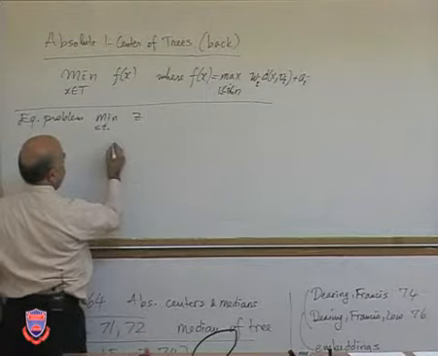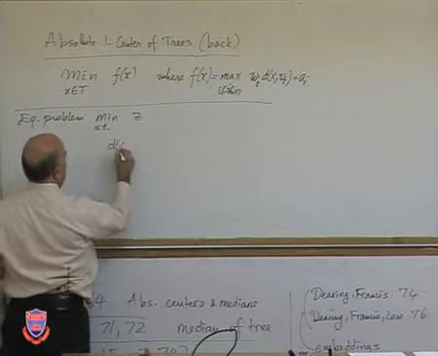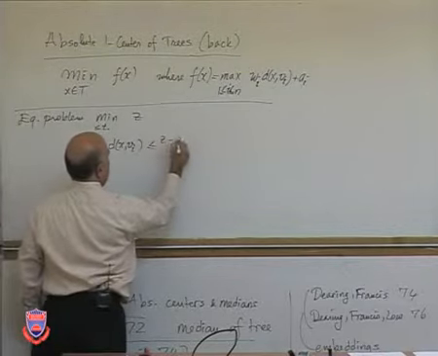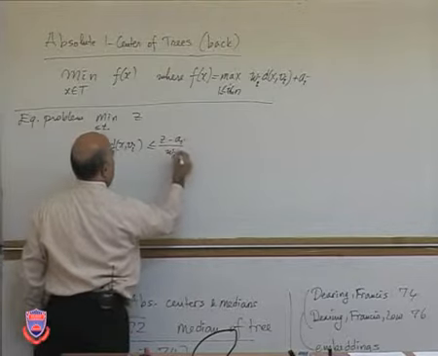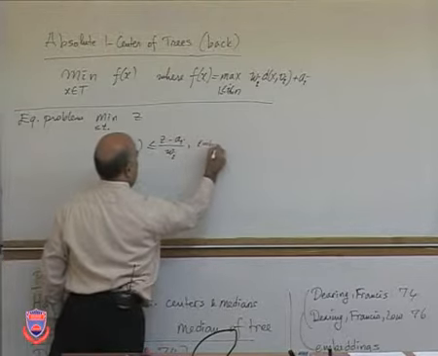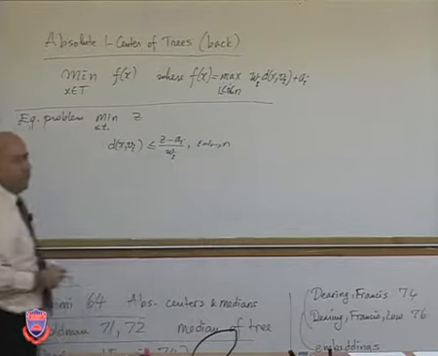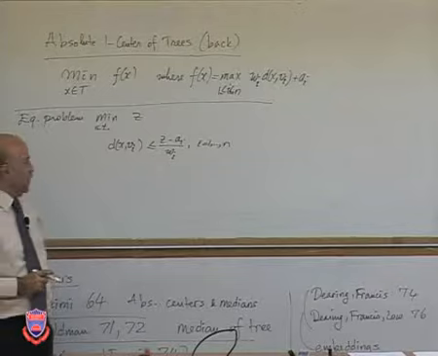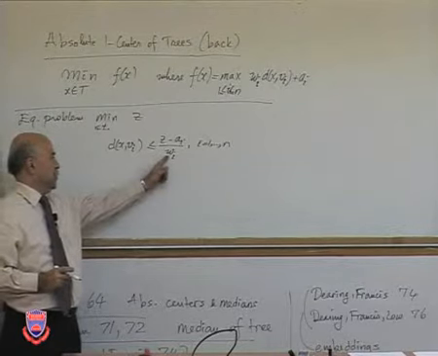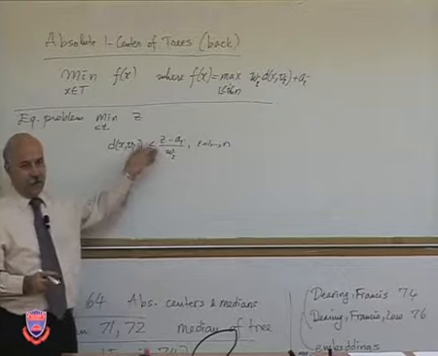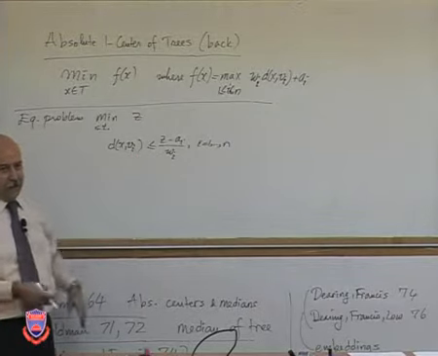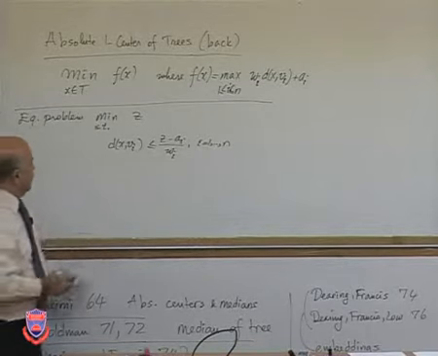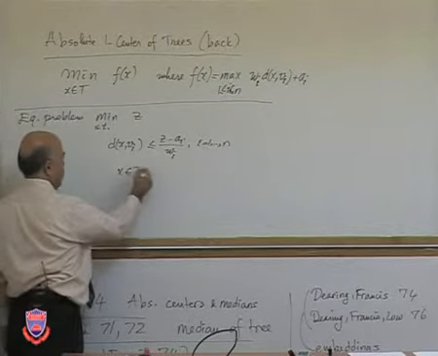So this amounts to requiring each distance to be less or equal to (z minus ai) divided by wi. I'm assuming wi are positive numbers here, otherwise the division will not occur. Actually you can take division by 0 to be infinity, in which case this is automatically satisfied, okay? The distance is always less than infinity. Okay, with x restricted to T.